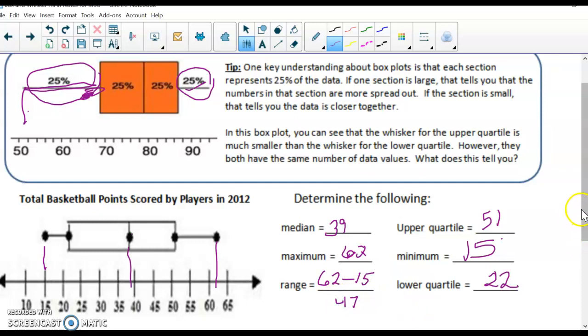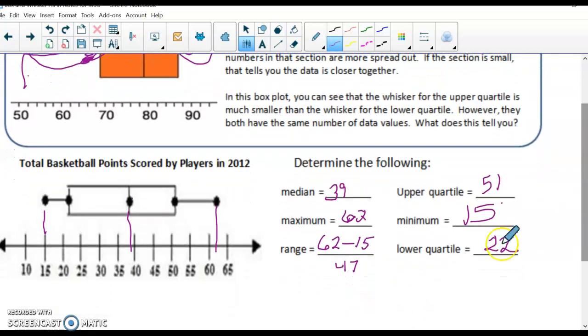Okay, there's something else not on here that we should add, and that's called the IQR. The IQR is the interquartile range.